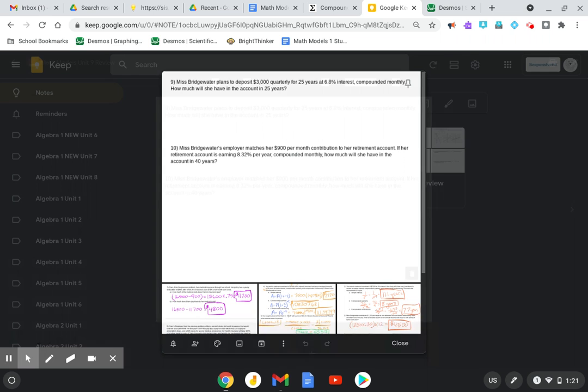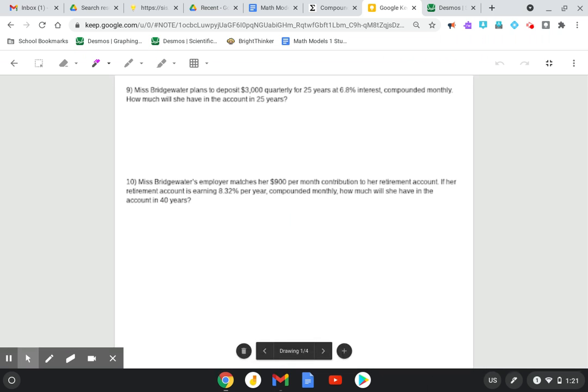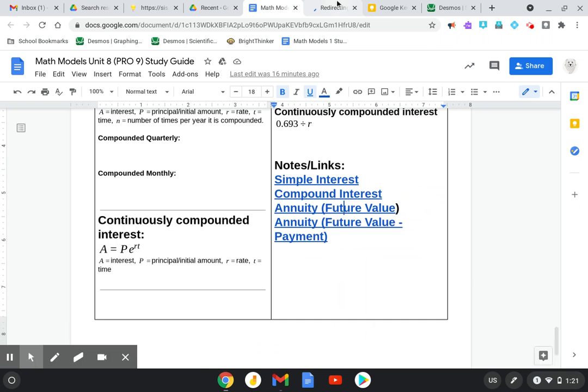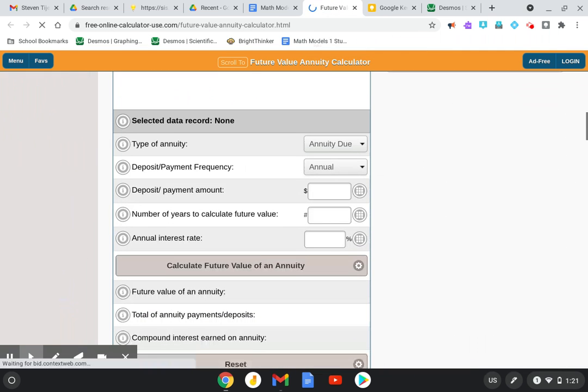Okay, last group. Here we go. Bridgewater plans to deposit $3,000 quarterly for 25 years at 6.8 interest compounded monthly. How much will she have in the account in 25 years? So here we're going to use the annuity calculator. We're going to use the first one, the future value. Okay.